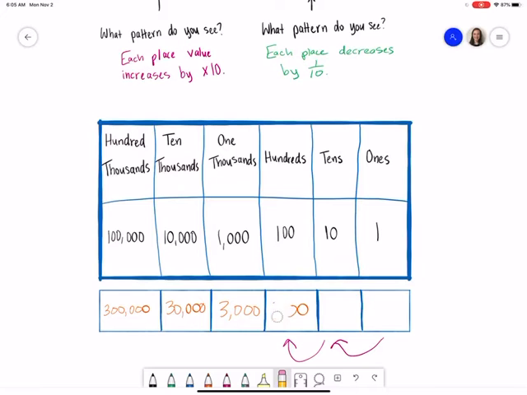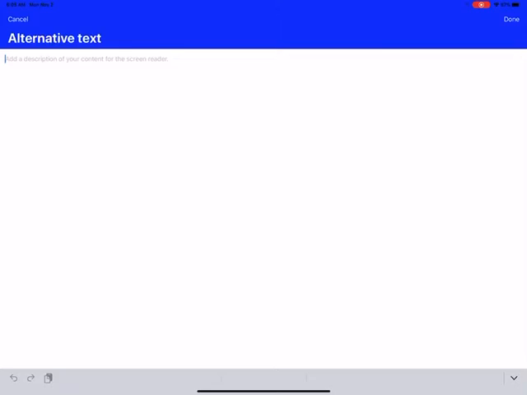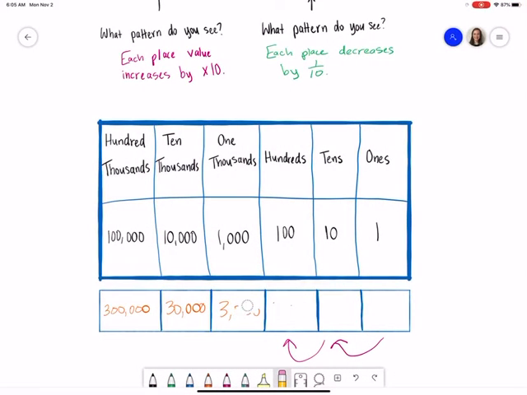Okay, but what if I wanted to decrease? Uh-oh. So let's get rid of these real quick and put our line back up and talk about decreasing. Okay, so if I wanted to decrease, say that I have 700,000.